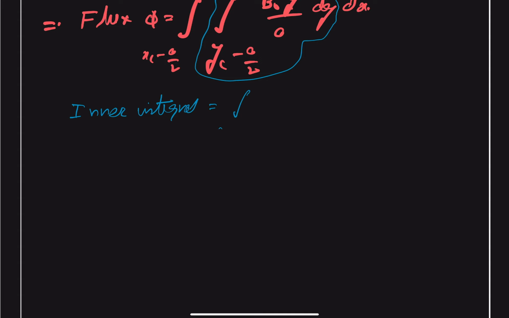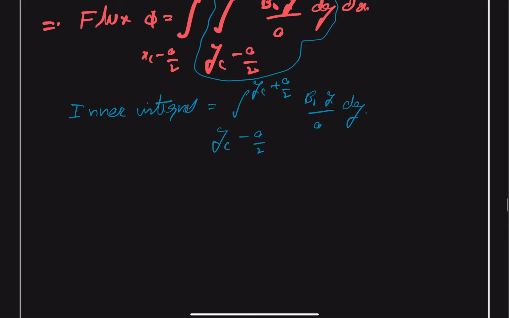The inner integral is from yc minus a by 2 to yc plus a by 2 of b naught y divided by a dy, and this can be written as b naught by a times y square by 2, evaluated from yc minus a by 2 to yc plus a by 2.